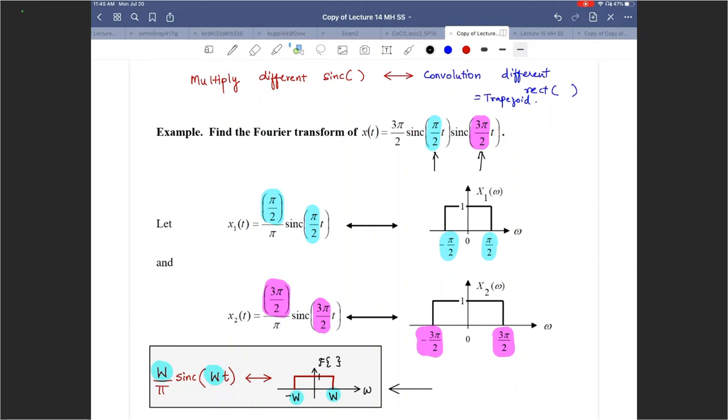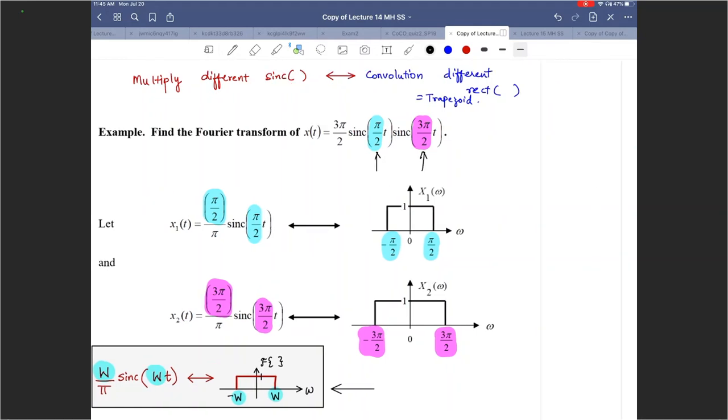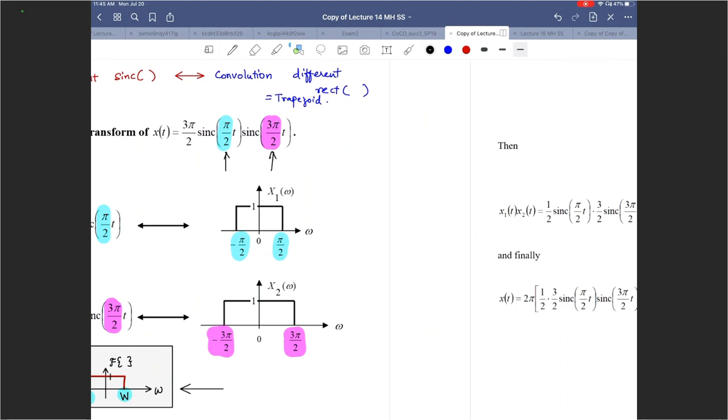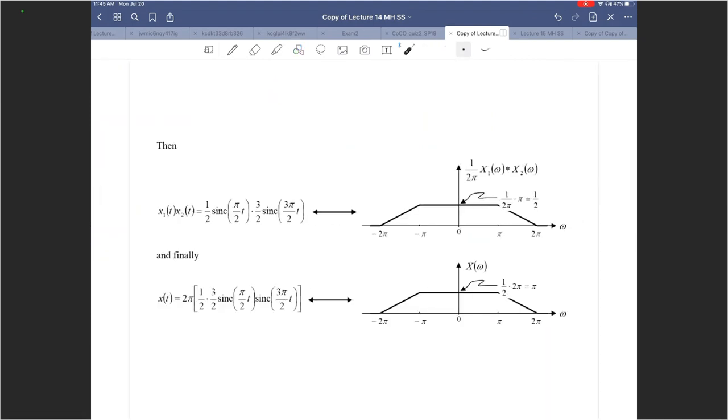Next, we have to look at multiplying these two signals. When you multiply these two signals, we had half from x1, we had 3 over 2 from x2. We looked at that before, which gave us 3 over 4 earlier.